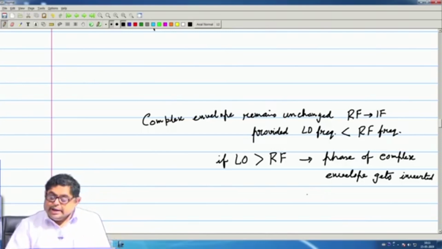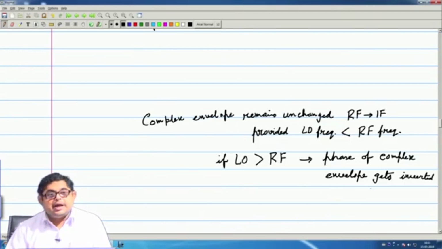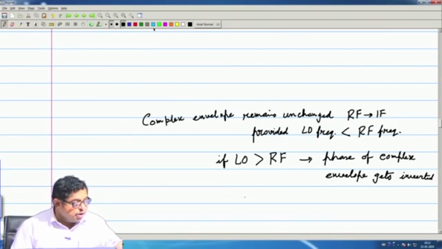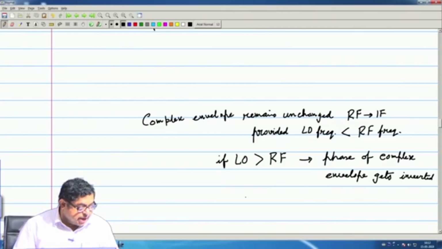So, in that case, when finally taking the ratio, you will have to take the imaginary part of the complex ratio to get the actual D by S ratio. So, remember this.